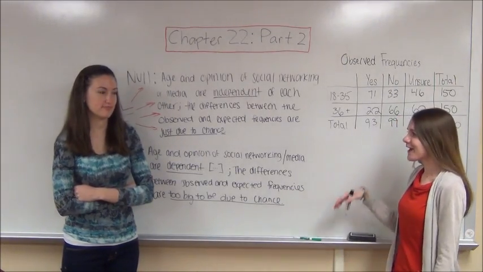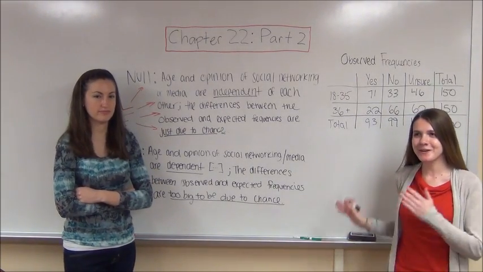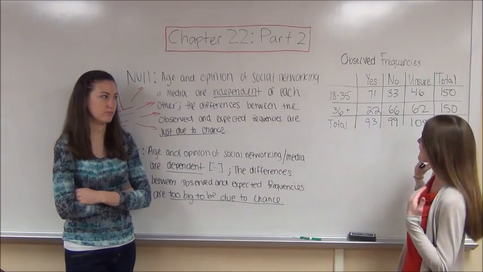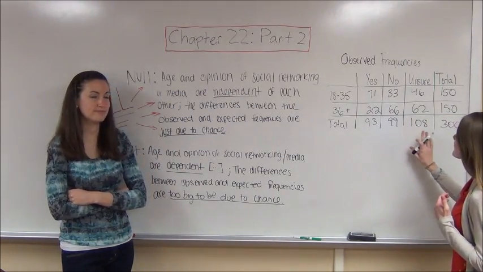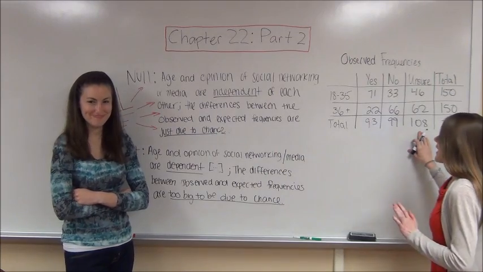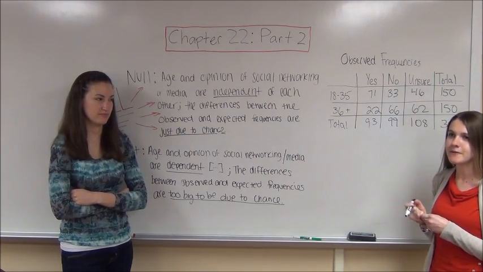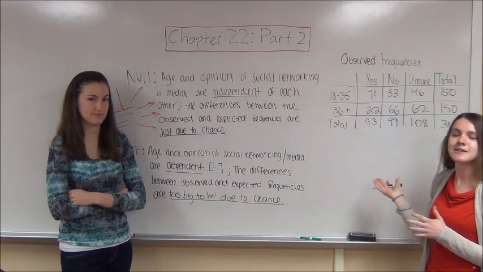Alright, so now that we have our null hypothesis and alternative hypothesis decided, we'll look at the observed and expected frequencies. Right here we have the observed frequencies given, and they're always going to be provided to you no matter what. Basically the chi-square test statistic is the same for the goodness of fit model as it is for the independence test.